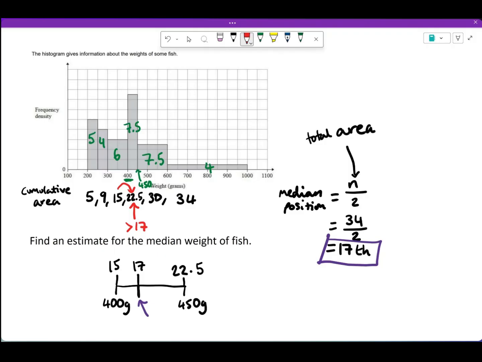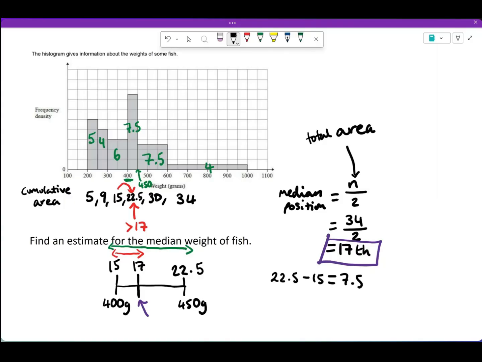Now, in order to do this, I have to consider what fraction of the way along is the 17th position within this class. Okay, so the class starts at the 15th position. What fraction is specifically between the 15 and the 17? So to calculate this, I have to consider the entire length. So going all the way from the 15 to the end at the 22.5. Okay, so the calculation I can do is 22.5, subtract 15, okay, and that gives me 7.5.